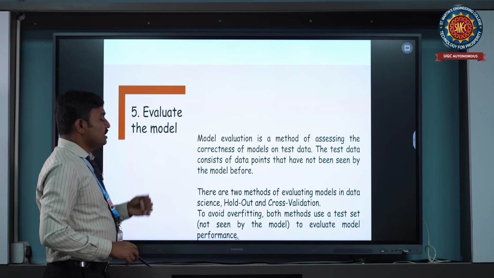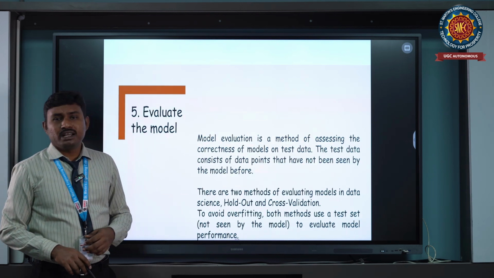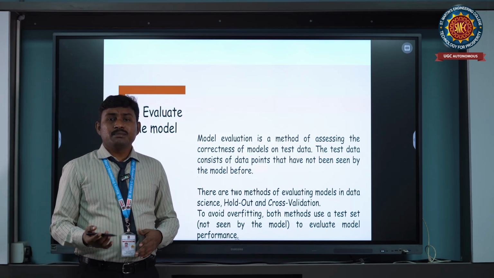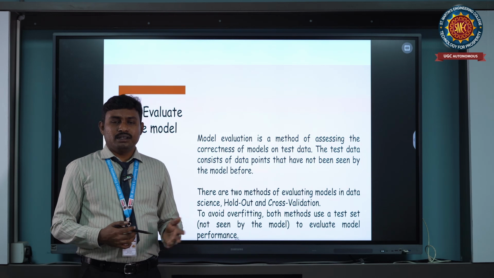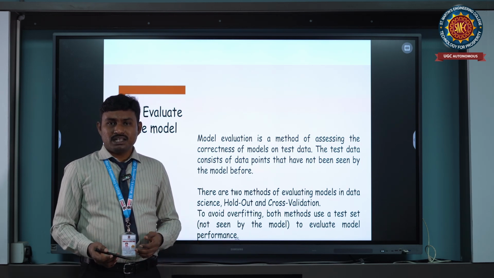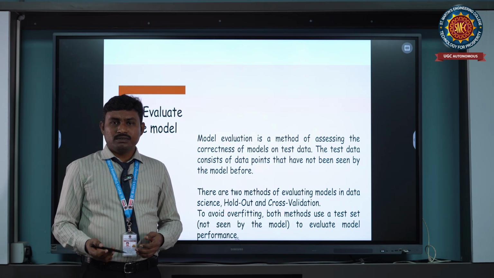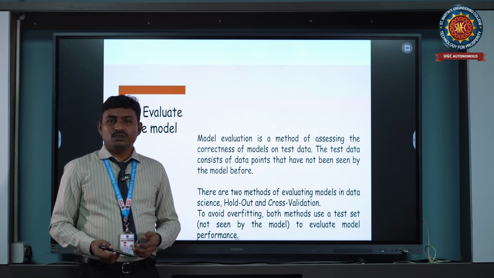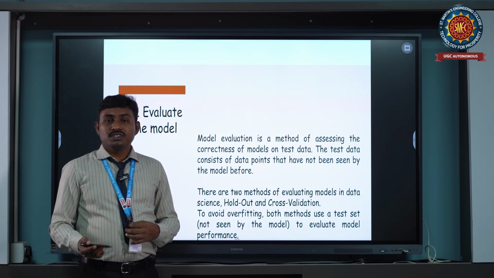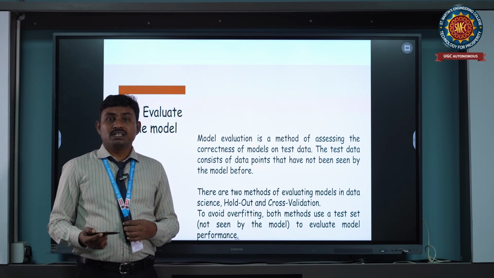Next, evaluate the model. Evaluation of the model is nothing but analyzing the performance. I already told you we have different performance metrics available in machine learning. Some of the metrics are mean squared error, root mean squared error, F1 score, R2 score, and confusion matrix for supervised classification.